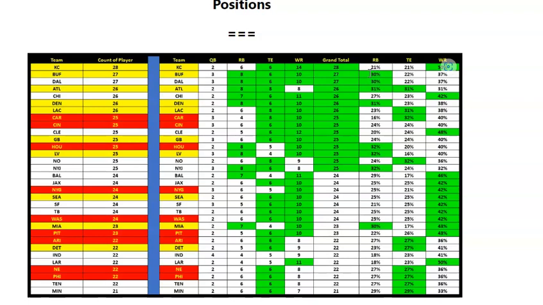So is that focusing something? That we have a lot of running backs on these teams, and the low teams, the teams that are not doing things, don't have a lot. So is that a way to kind of zero in on the higher power teams?